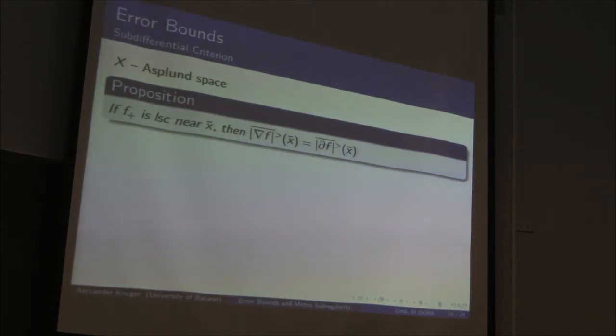And this explains why this second one is in use for characterizing error bounds. And this is basically the full standard theory of error bounds. These things can be found in many papers, but not in this terminology.